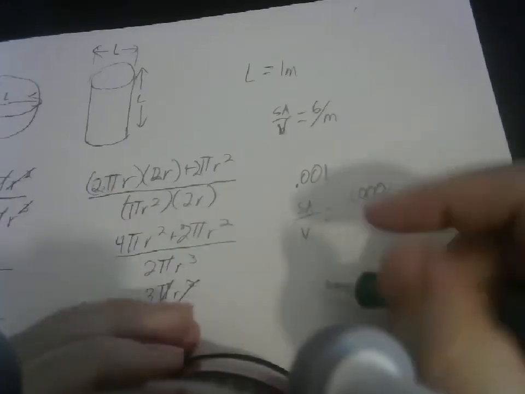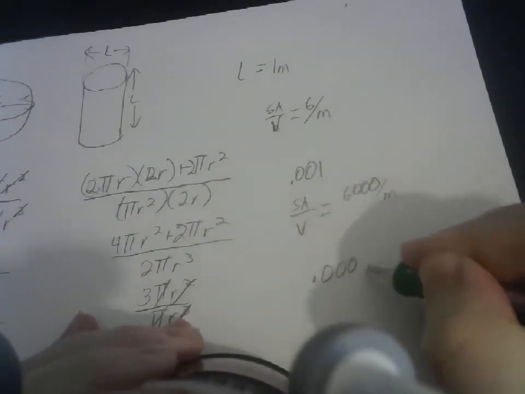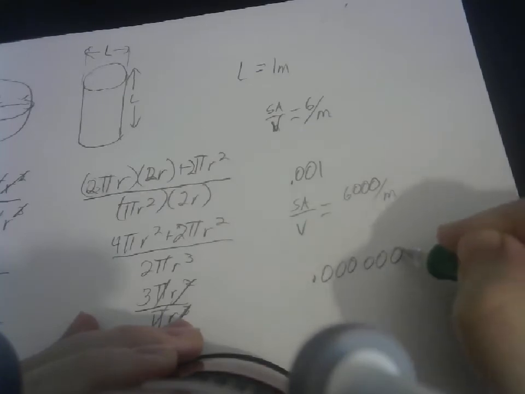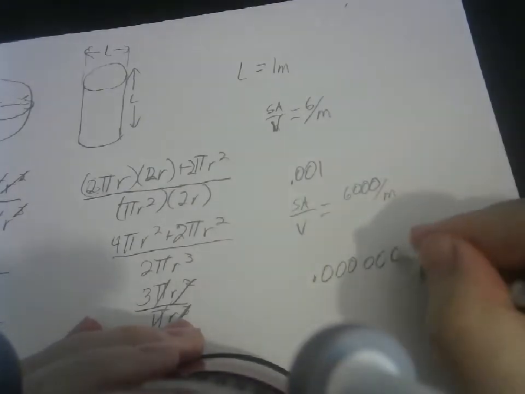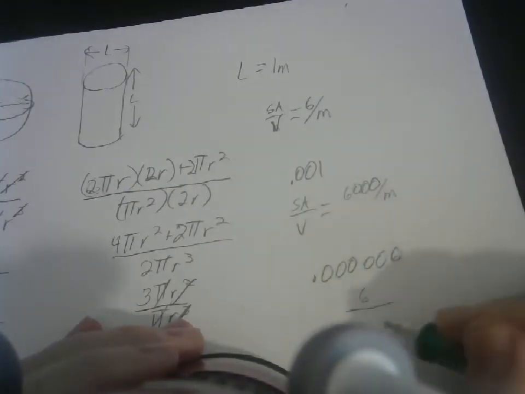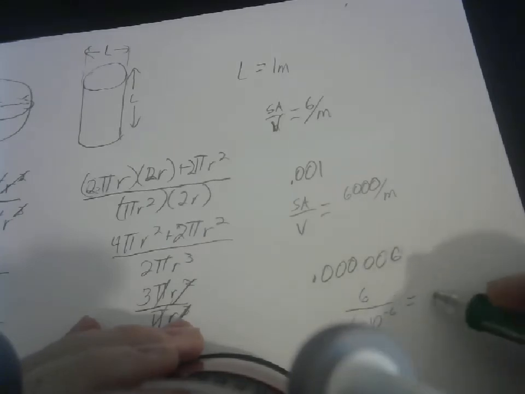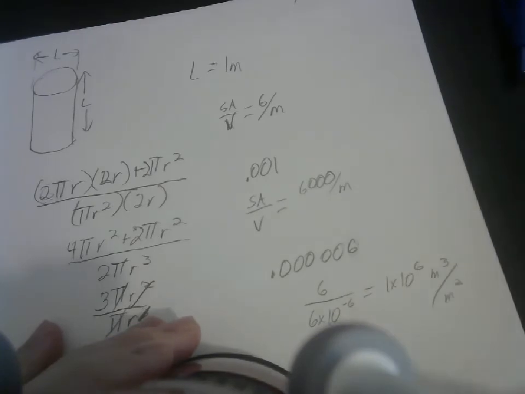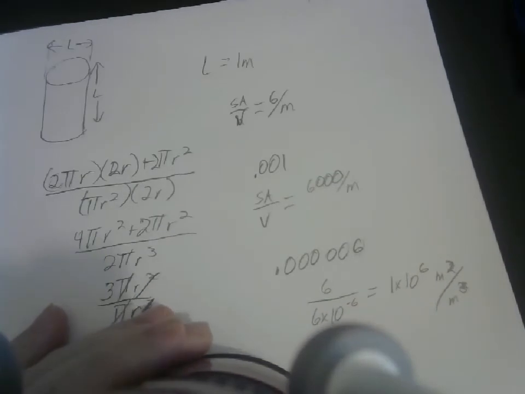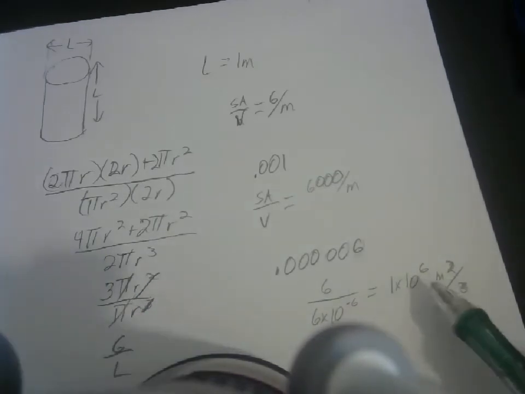Let's say we've got a blood cell which is say 6 micrometers across. Then 6 divided by 6 times 10 to the negative 6th comes out to be 1 times 10 to the 6th meter squared per meter cubed. It's got just a massive surface to volume ratio.